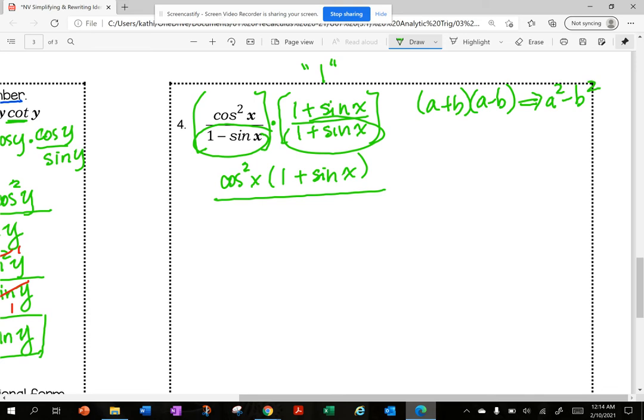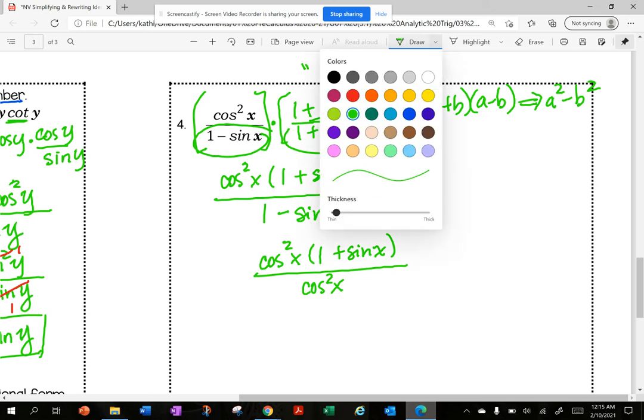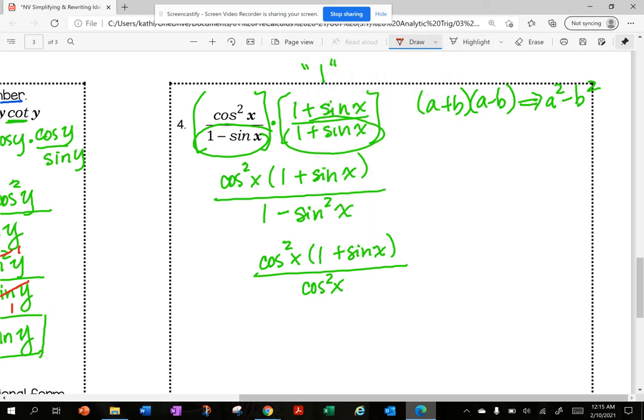If I want, I can multiply out and see the two middle terms cancel, or I can go right to 1 minus sine squared of x. And I know 1 minus sine squared of x is cosine squared. So I have cosine squared of x times 1 plus sine of x, and I'm substituting 1 minus sine squared with cosine squared of x from the Pythagorean identities.